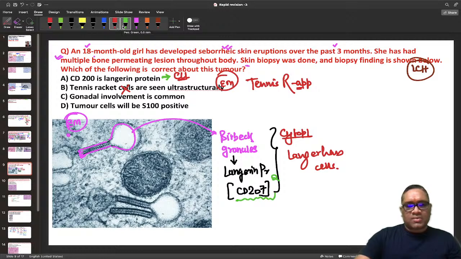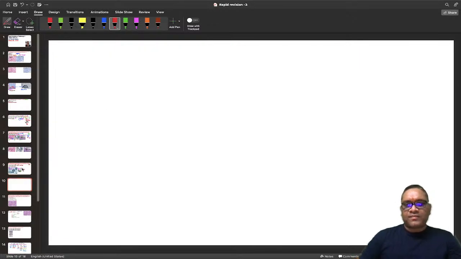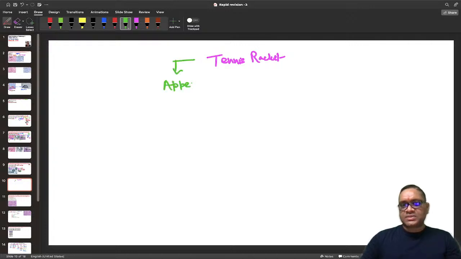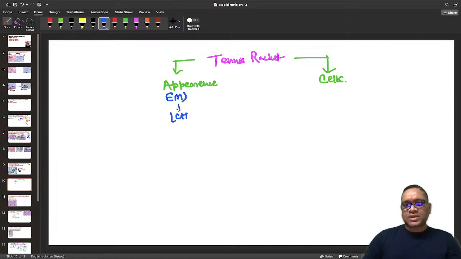Here again, I would like to tell you one thing. Whenever the examiner uses the word tennis racket, you have to be very careful. Tennis racket can be of two things: it can be tennis racket appearance, or it can be tennis racket cells. Tennis racket appearance is seen on electron microscopy in Langerhans cell histiocytosis.